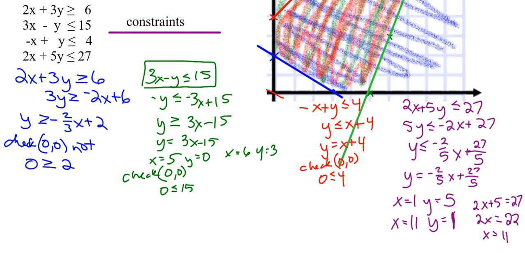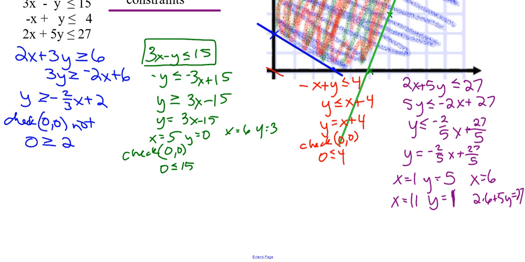Let's pick x equals 6. So it's a little lower: 2 times 6 plus 5y equals 27.